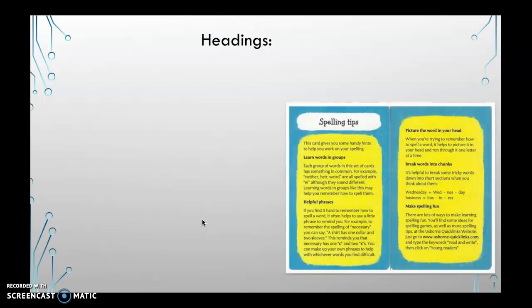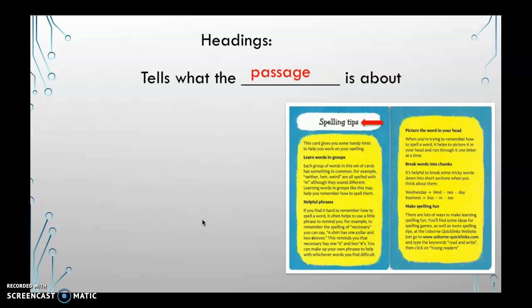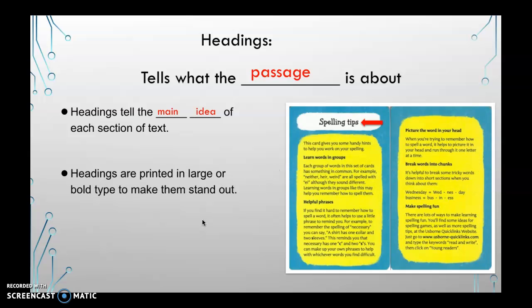Then we have our headings. This is a big one. Headings tell us what the passage is about. So headings tell the main idea of each section. So if you look at this, the very first thing we have is spelling tips. That's our heading for this section, and they are typically printed in large or bold type to make them stand out.